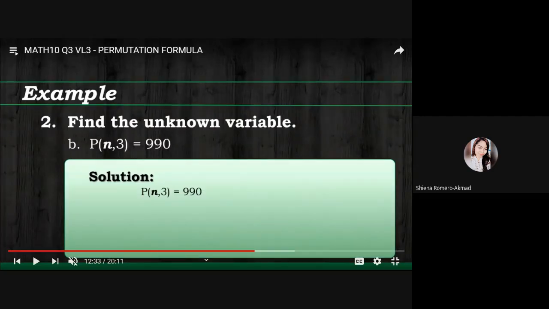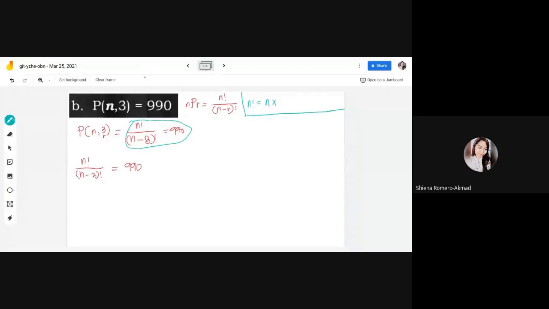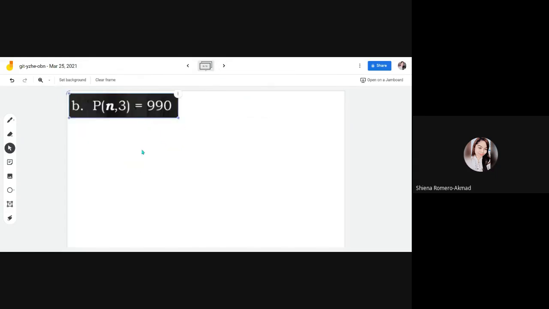Si N factorial is equal to N times, ilan yung minus ko, Nicole? Ay, wait lang. Hindi niyo pala nakikita yung screen ko. Ulitin natin. Hindi niyo pala nakikita yung screen. Kaya pala di kayo sumasagot.